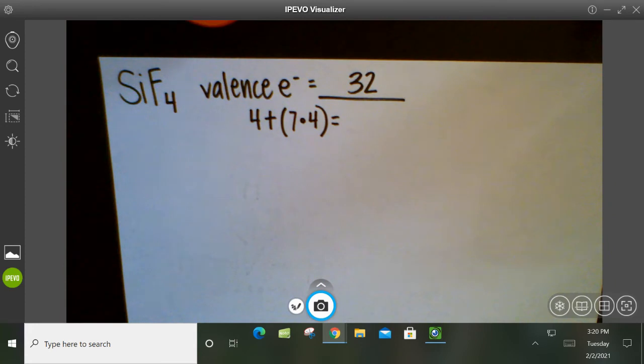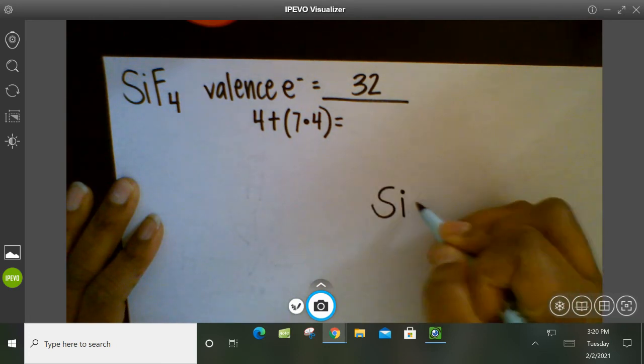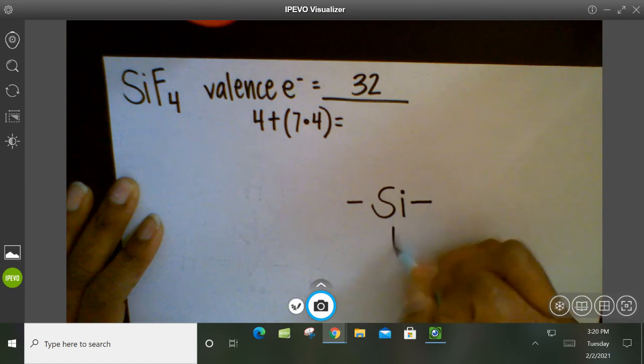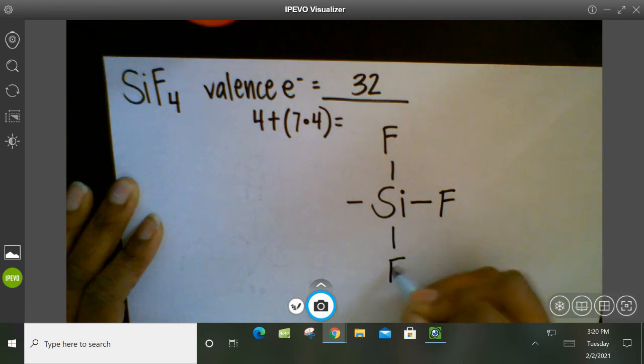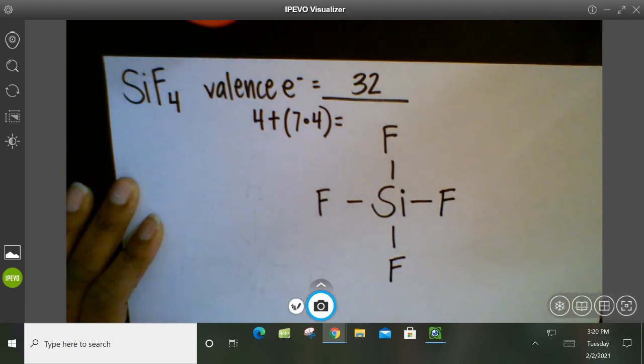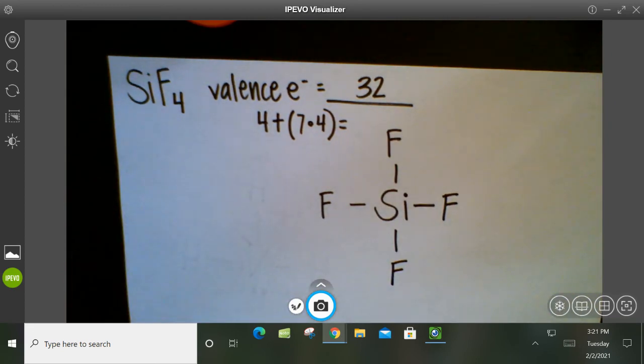Now F is a halogen, and if you go back to the rules, halogens cannot be in the middle. They cannot be central atoms. So Si is going to go in the middle, and I'm going to connect the 4 F's to the Si. So here we go, 1, 2, 3, 4. I've got all of this connected, and I've used 8 electrons. So I've got 24 to go.